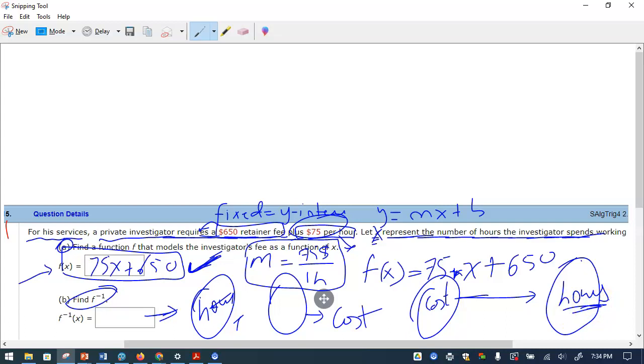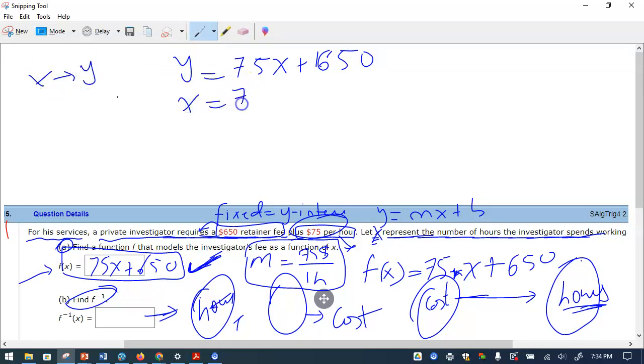Okay. So let's write down: f of x equals 75x plus 650. Instead of f of x, I'll put y. Remember, it's the same thing that we did before. And then replace x and y. So if you replace x and y, you get x equals 75y plus 650. That means now you subtract 650, you are solving for y.